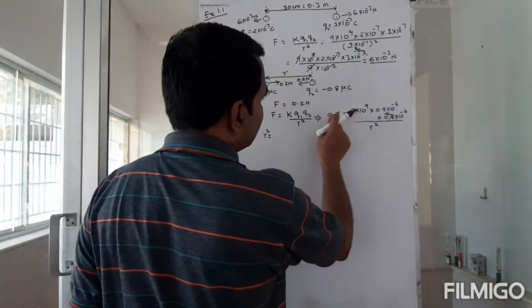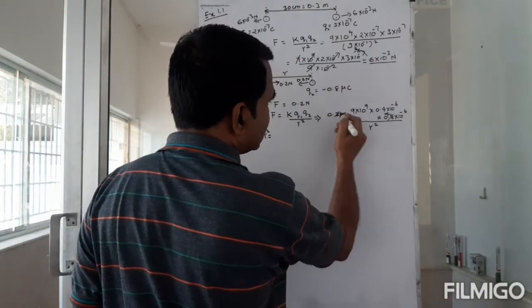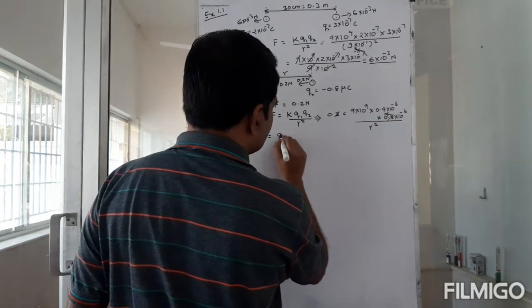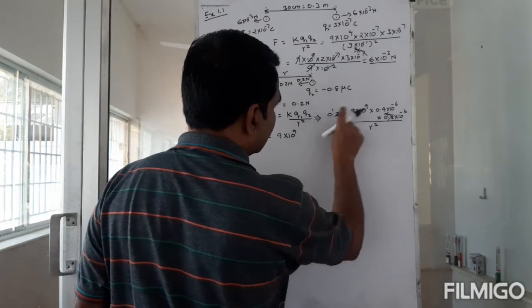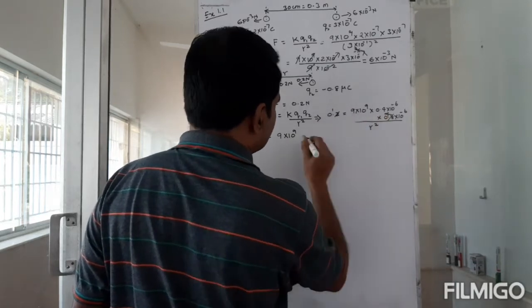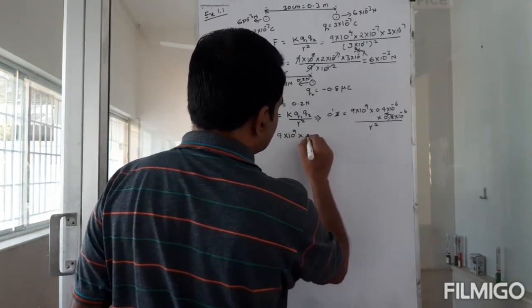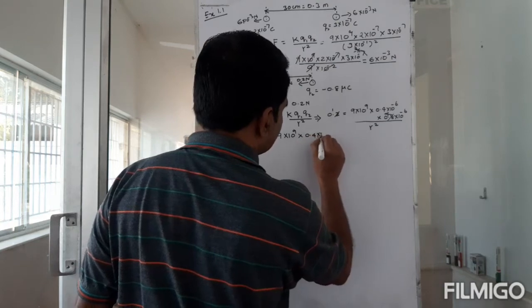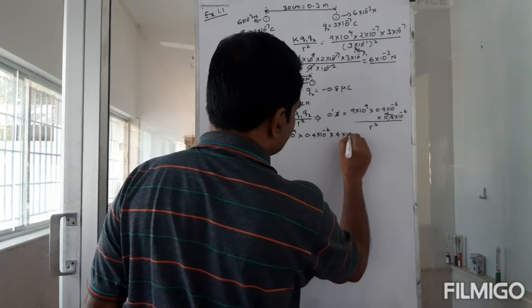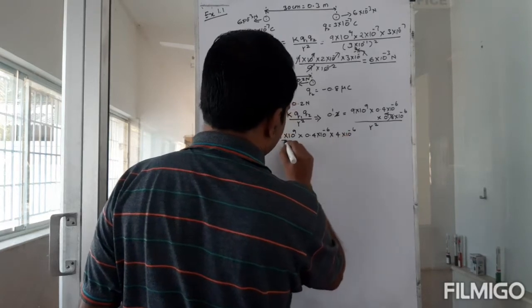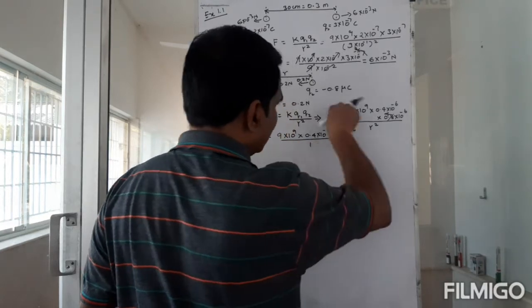Okay, now r squared, now this is 1. So r squared is equal to 9 into 10 power 9, it becomes 1, right? 1, that is 4. And 10 power 9 into 0.4 into 10 power minus 6 into 4 into 10 power minus 6 by 1. 1 comes down.